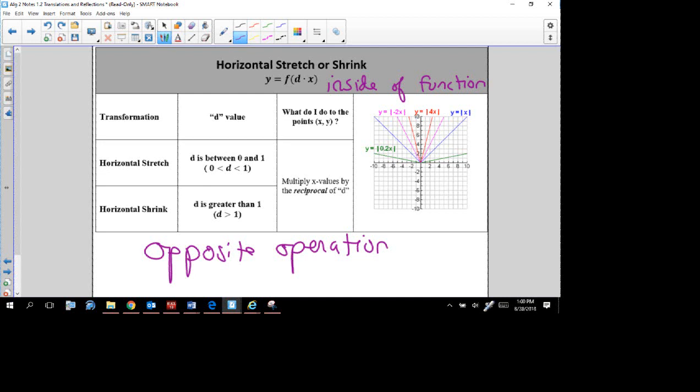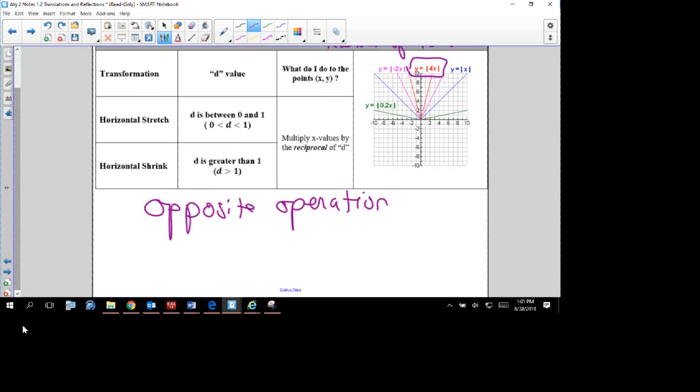And I'm going to use one of those little graphs just to explain this opposite operation thing. So I'm going to use this top one here that says y equals absolute value of 4x. I'm going to use that one just to explain opposite operation.